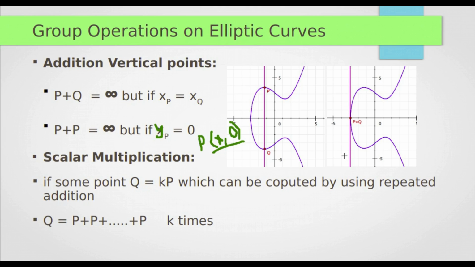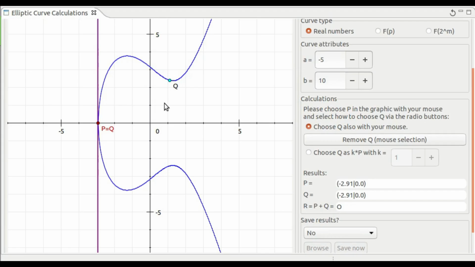This vertical line meets the curve at infinity. The sum of x comma 0 with itself is thus the point at infinity. This means the point x comma 0 is its own inverse. These are the group operations on an elliptic curve. I used the Java Crypto tool, JCrypt tool, for this visualization.